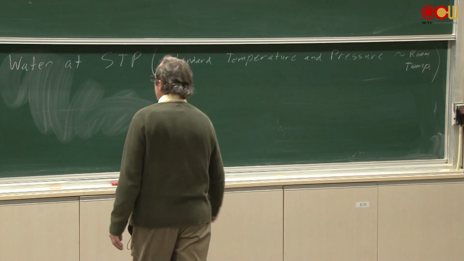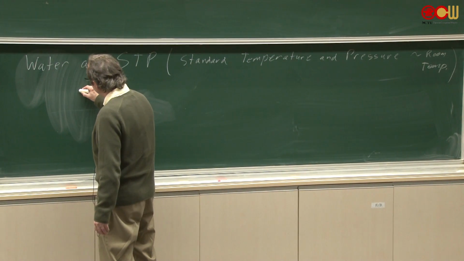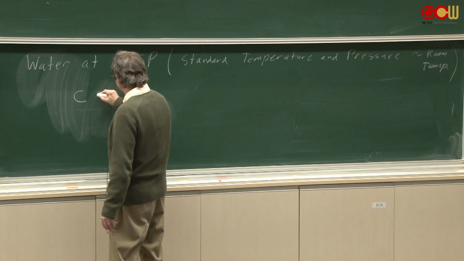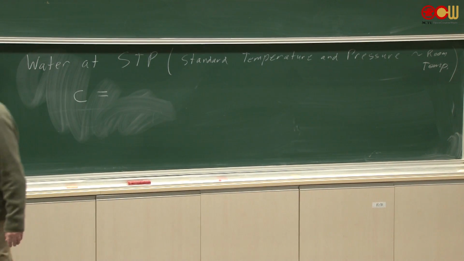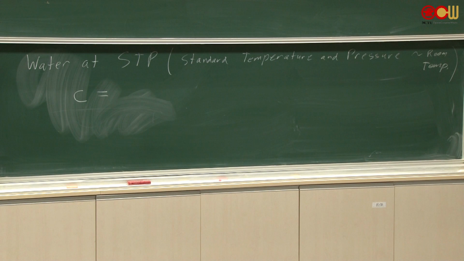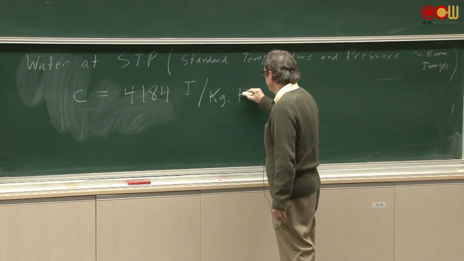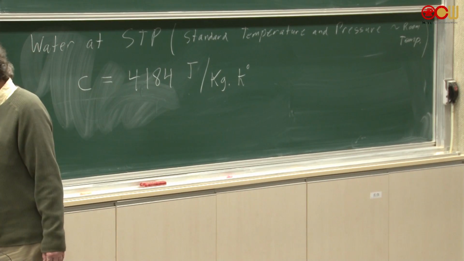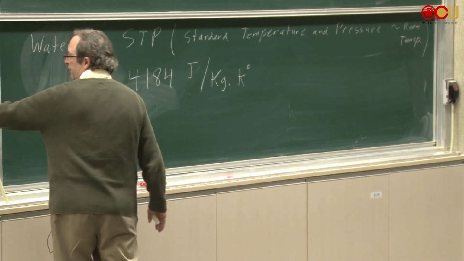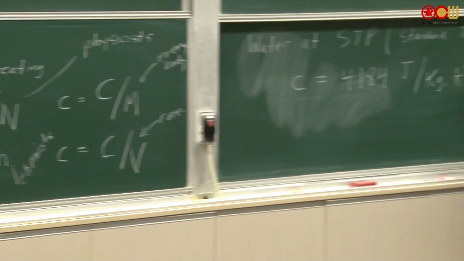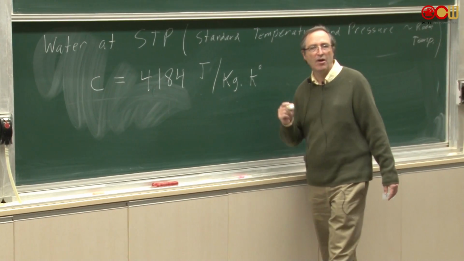All right, so here, the specific heat, and I have to look this up. There it is, 4,184 joules per kilogram per Kelvin degree. All right, everybody got that? So we're using this definition here. So you might need this in some of the problems.